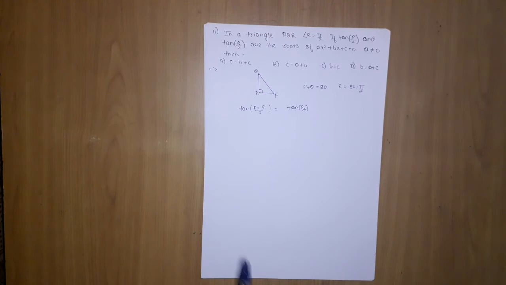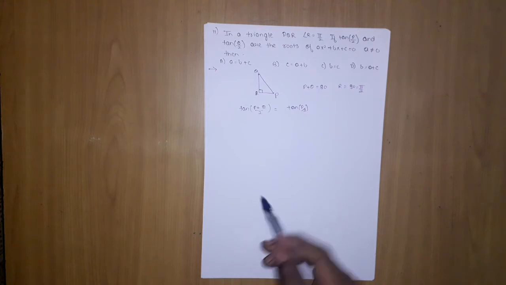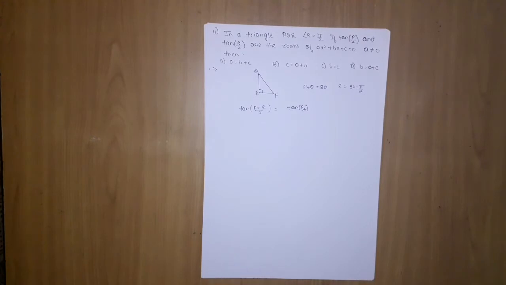Although I have not covered that because I started from solved examples. In the next chapter I will probably cover those questions also. If we complete the whole syllabus, then I will think of doing it. But for now I am not doing it, and we will move on to the next chapter.